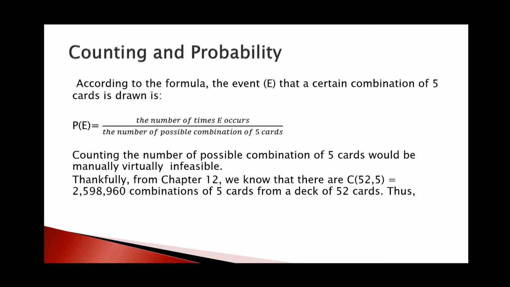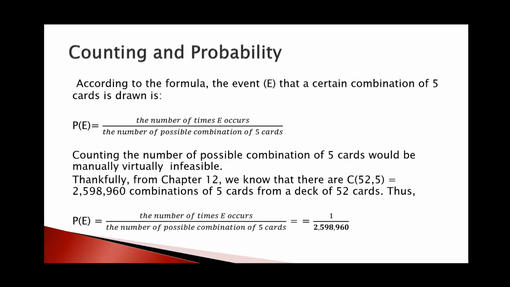How do we get these results? We use the combination formula. From 52 cards, we pick 5, and that would lead us to the result of 2,598,960 combinations of 5 cards.